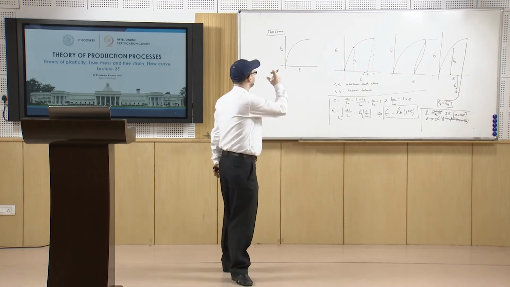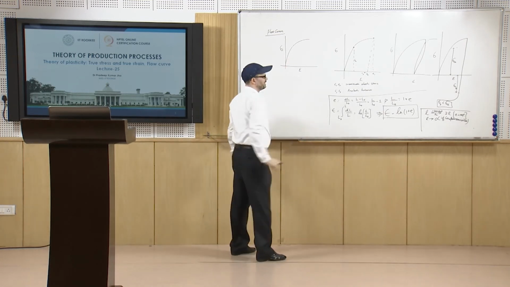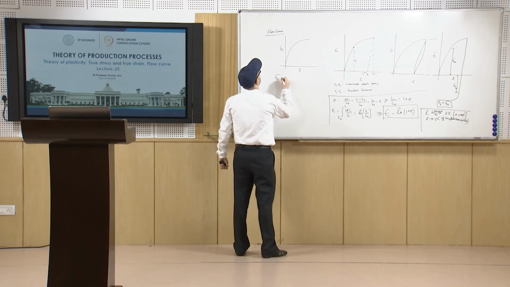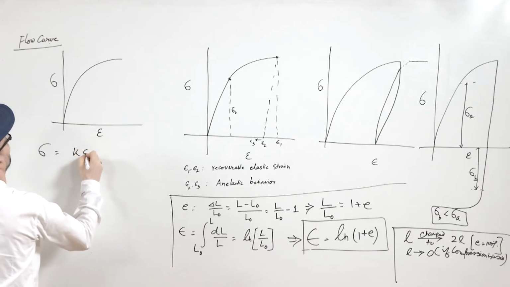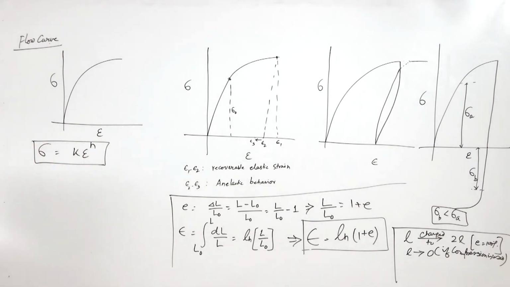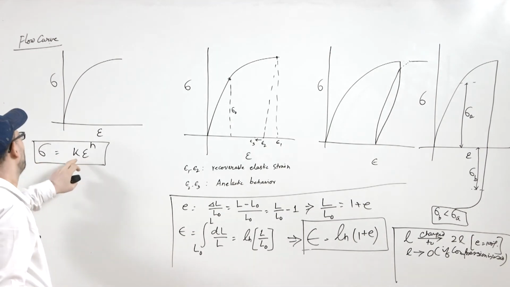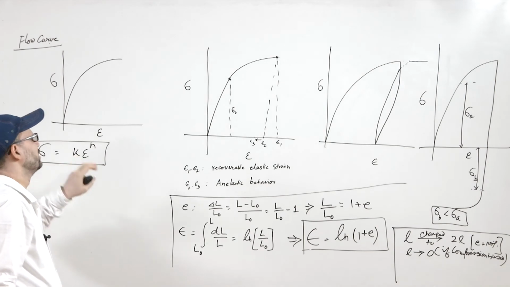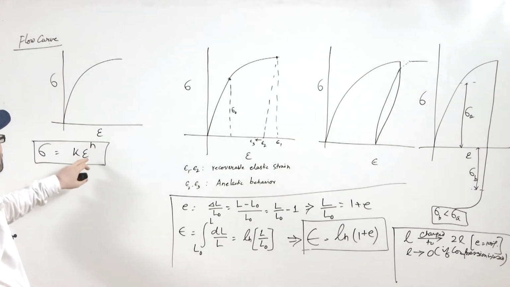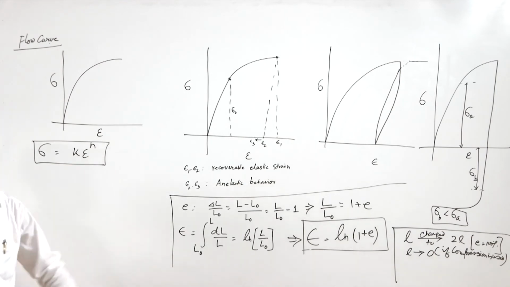Now, in this case there is an empirical correlation which is developed, that is sigma equal to k epsilon to the power n. In this, sigma is the flow stress and epsilon is the plastic strain, and then you have k. This is nothing but the flow stress value when the plastic strain is 1.